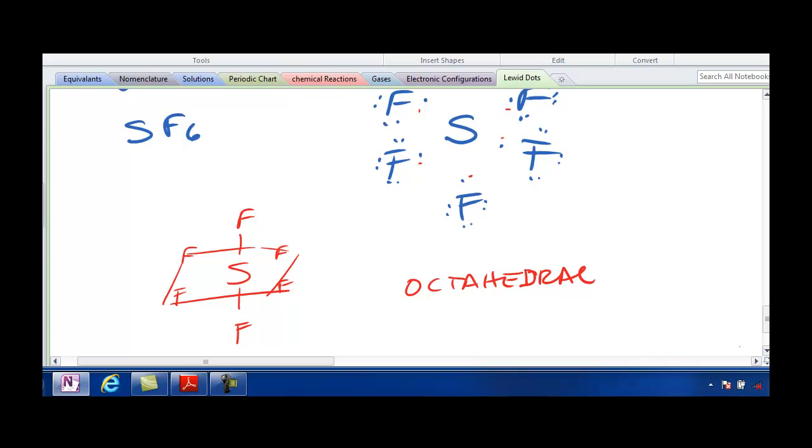Once we know what an octahedral looks like, we don't need this paper. The angles here are 90, the angles here are 90, the angles here are 180. So bonding pairs, 6. Does this structure obey the octet rule? 6 times 2 is 12. No way, Jose.